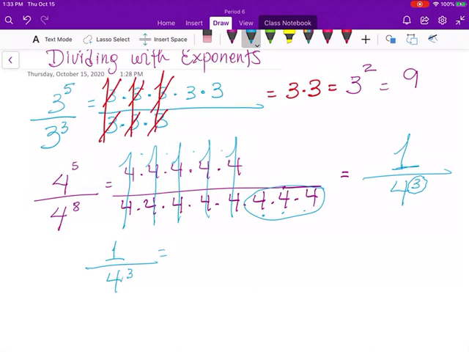But if your exponent is like 5 or less, then you can do it. 4 times 4 is 16. 16 times 4 is 64. Make sure you put the 64 as the denominator because the 4 to the 3rd is on the denominator. That's it. Make sure you copy that, please.